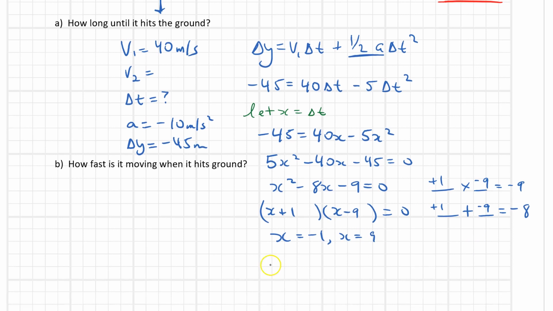Thinking about it in terms of time, I'll just switch it back here. Time could be negative 1 seconds, or the time could be 9 seconds. Can I go back in time?